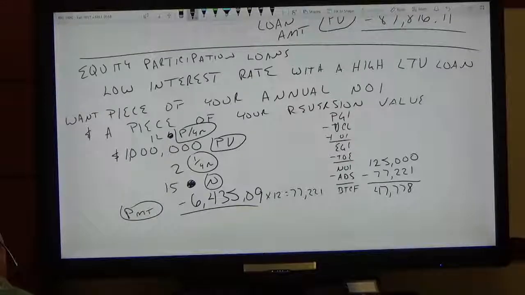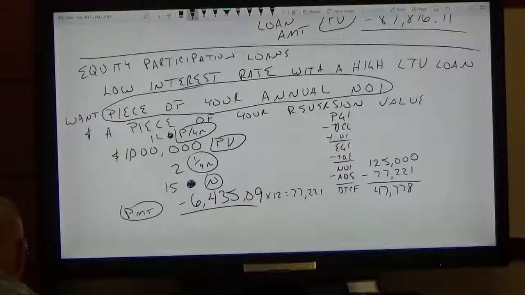Now, what percentage of your annual net operating income do you want as this equity participation lender? 50%. Okay, 50% of what? The total NOI? A piece of the NOI? After the before tax cash flow.